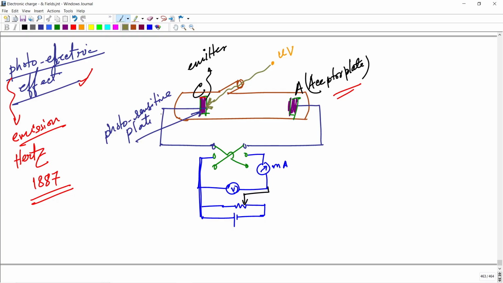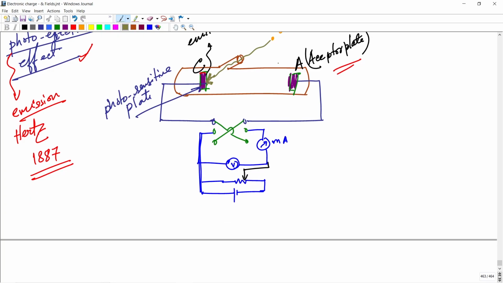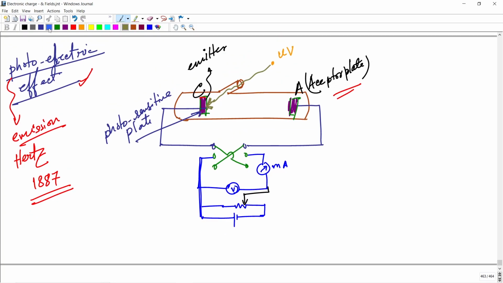obviously this plate has some free electrons, and these free electrons get some energy with the help of light. Then two other scientists, Hallwachs and Lenard, observed some current here.